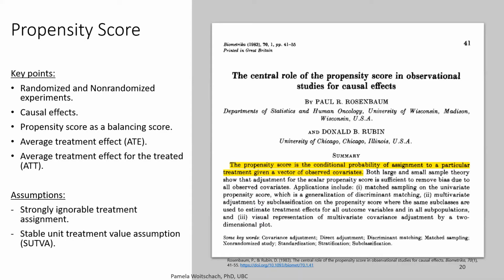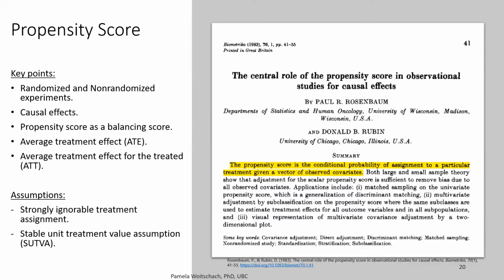They define propensity score as the conditional probability of assignment to a particular treatment given a vector of observed covariates. Just think about our response groups as treatment assigned. For example, instead of groups of treatment and control, we can think about respondents and non-respondents.